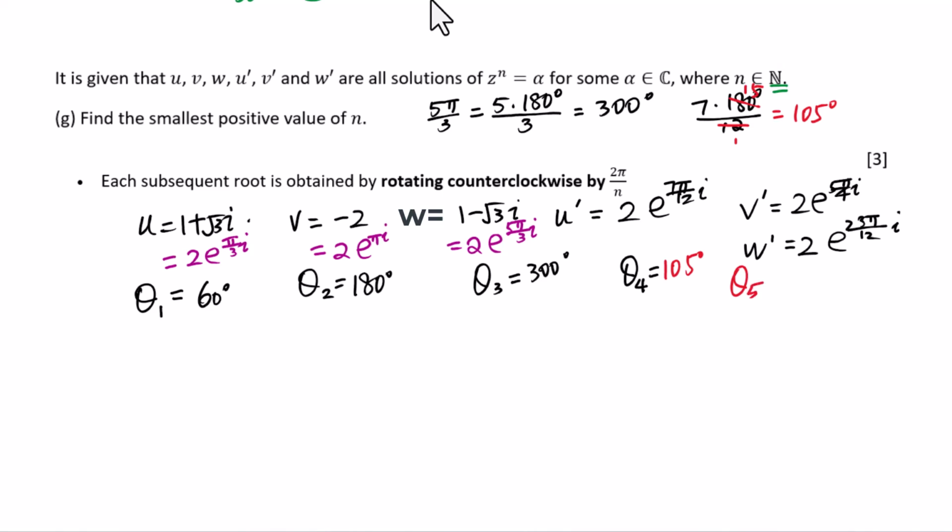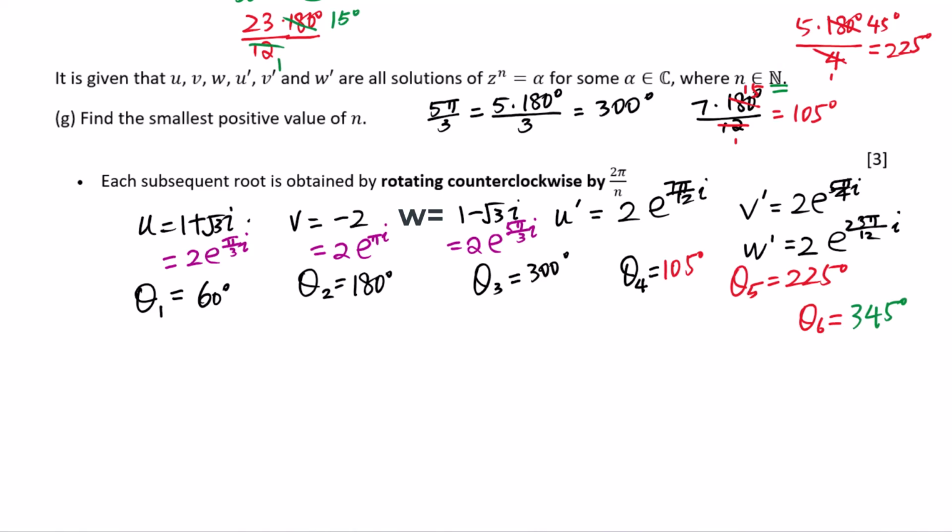The argument of v prime equals 5 times 180 degrees over 4, reduce, equals 225 degrees. The argument of w prime equals 23 times 180 degrees over 12 equals 345 degrees.